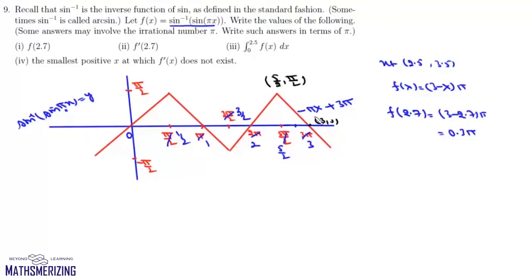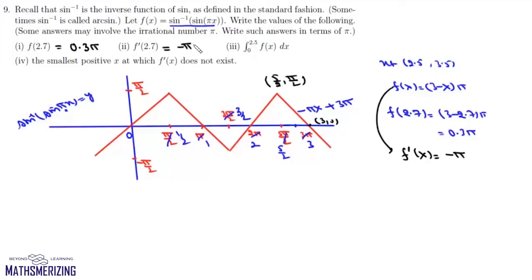Now using the two-point form, we can find the equation of this straight line. Answer to this first question is 0.3 pi. Now we differentiate it. We'll write f dash x, and f dash x will be simply minus pi. So at 2.7, its derivative will be simply minus pi.